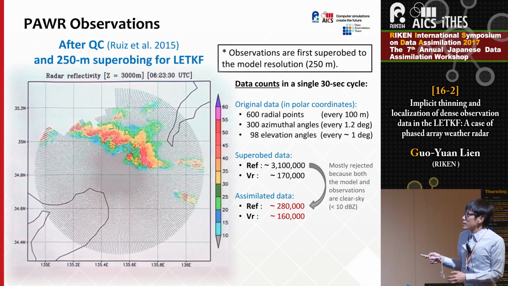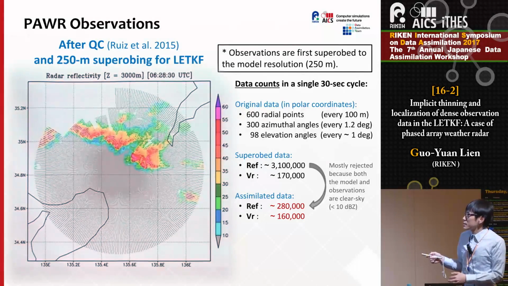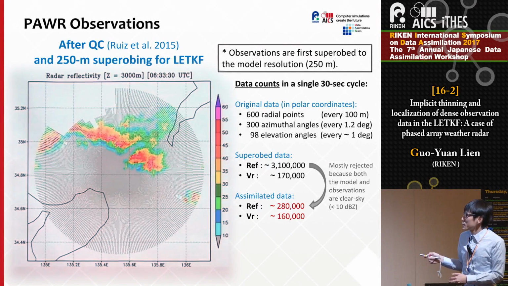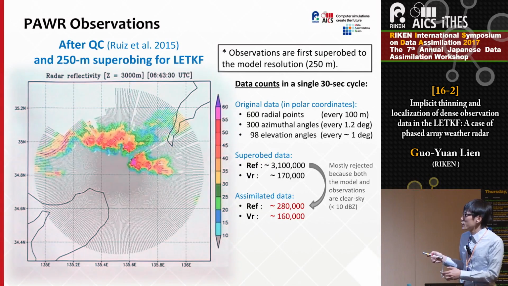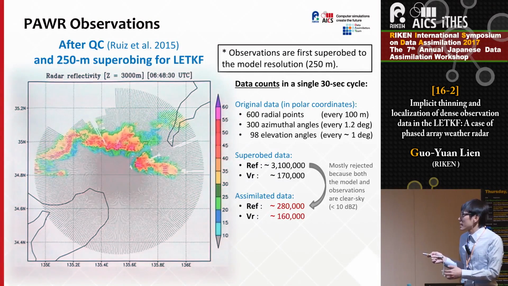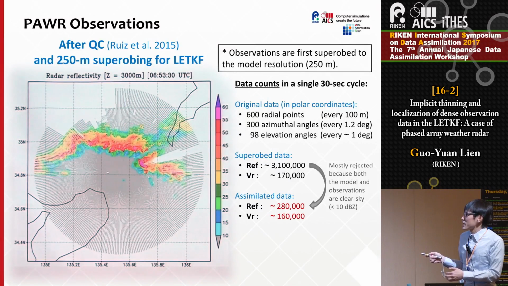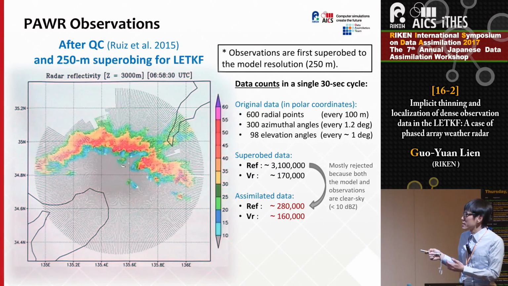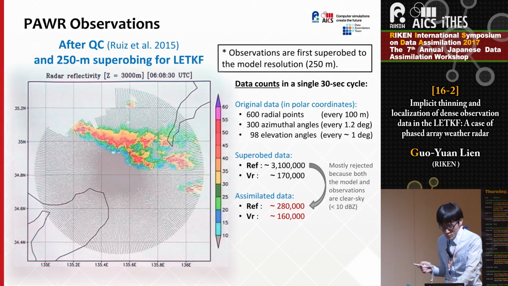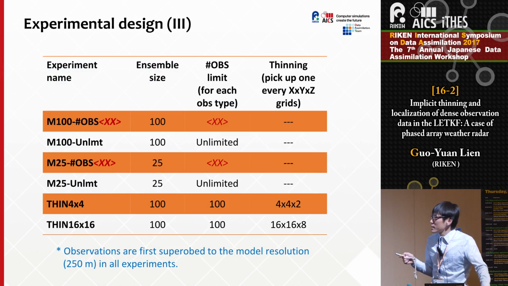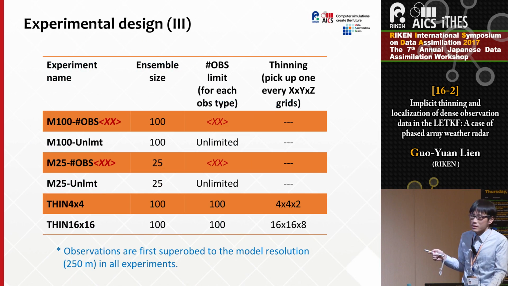The data actually assimilated into the model is fewer, much fewer for the reflectivity, mostly because we reject the data when the model and the observation are both clear sky. So we don't do anything in this case. But for the radial velocity data, we assimilate almost all data. We conduct several sets of experiments.